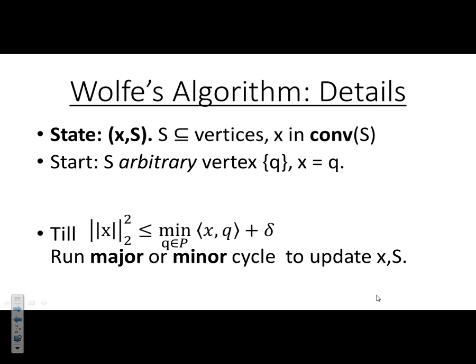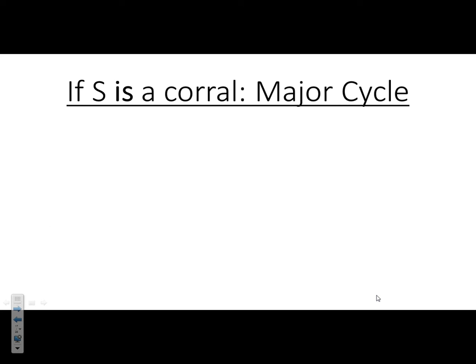So what's a major cycle? It depends on whether the set S is a corral or not. How do I check if something is a corral? I go to the minimum norm point in the affine hull. If that lies in the convex hull, I'm a corral, otherwise I'm not.